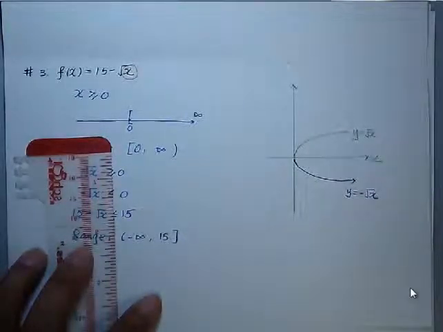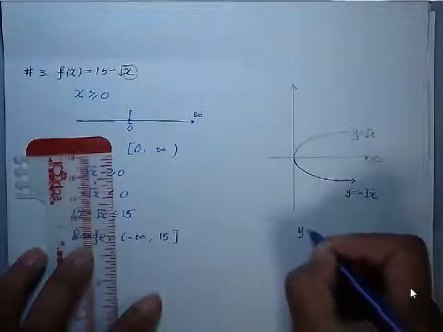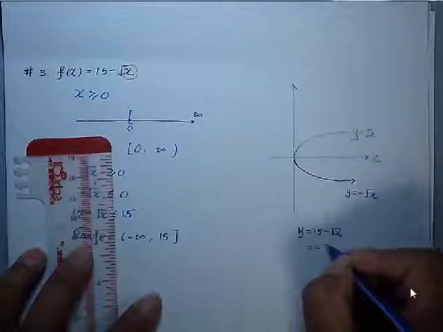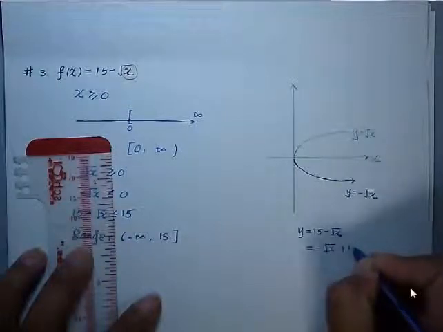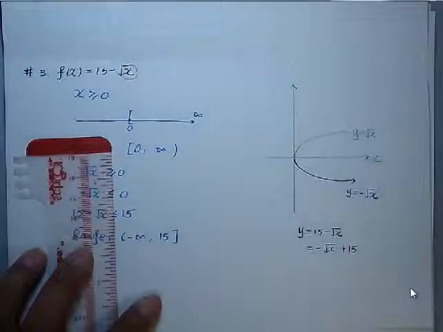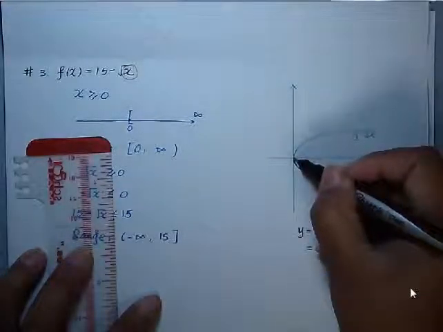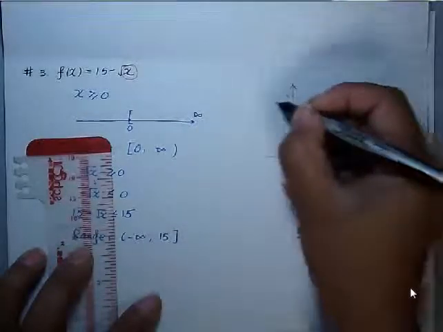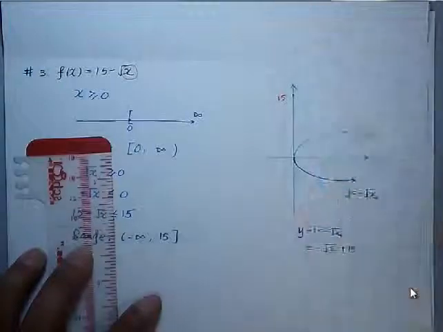Plus 15: y equals 15 minus square root of x is the same idea as negative square root of x plus 15. You have output plus 15. That's a vertical shift up 15 units, so the point (0, 0) will shoot up to, assuming the 15 is right here, up to here.